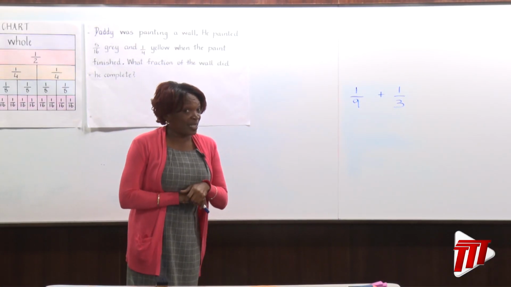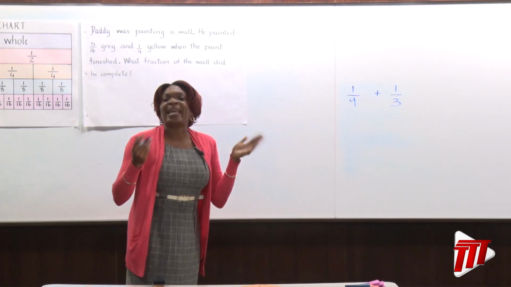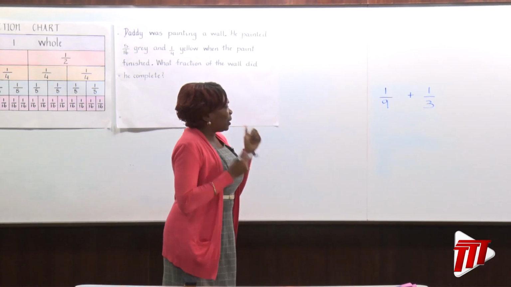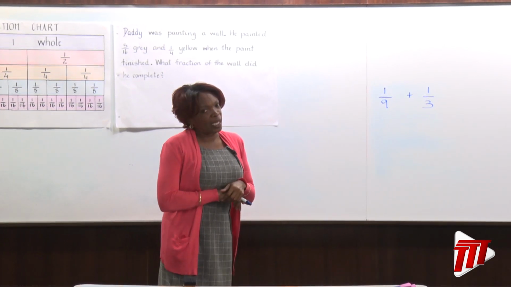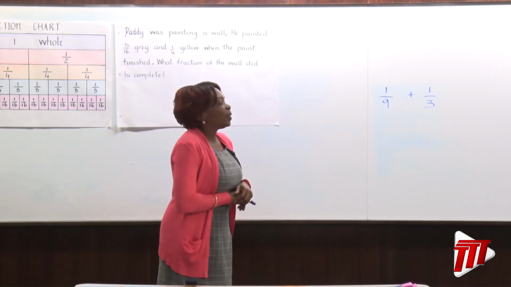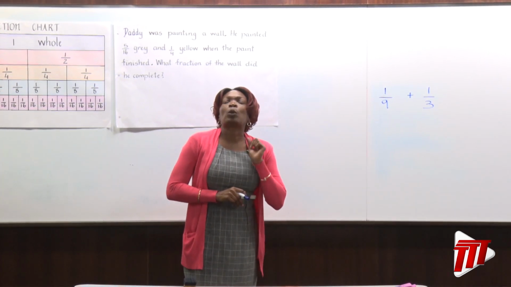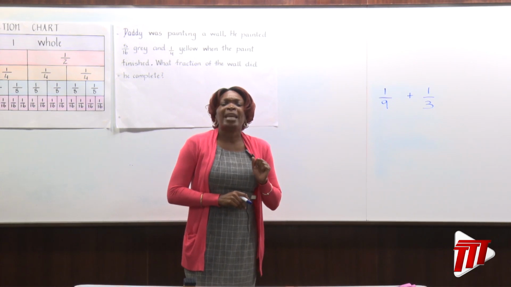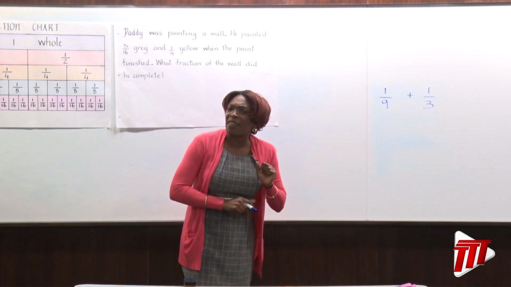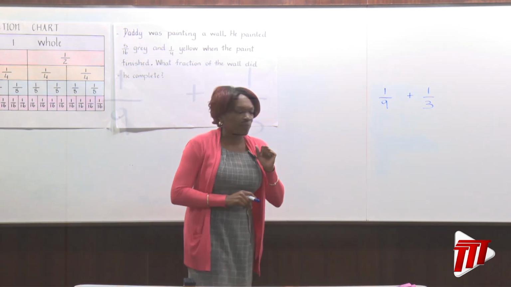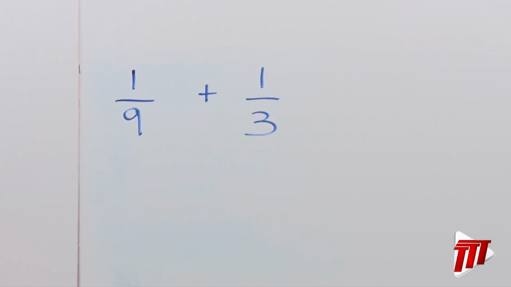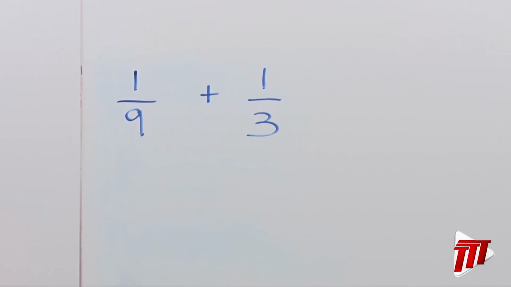Different fractions this time. Same principle. Can we add like that? No, we can't. What do we do? Apply the skill of equivalent fractions. Is one a multiple of the other? Let's observe. Yes, 9 is a multiple of 3, so we can find equivalent fractions.